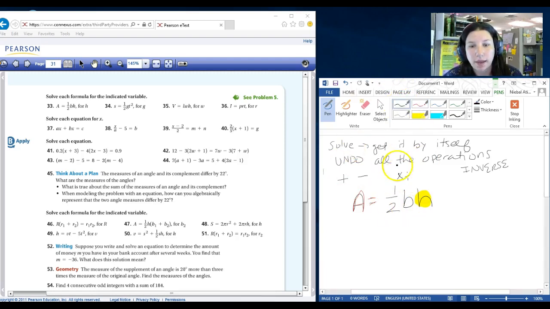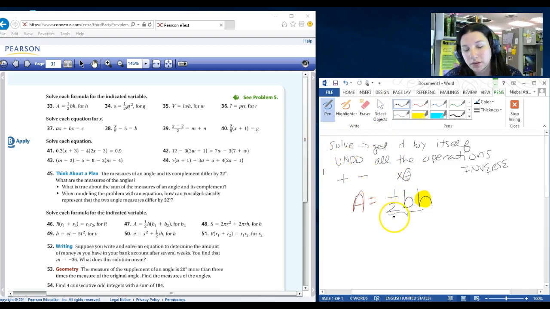So let's look at this. What's happening to the H? Well, we have 1/2 base height. This operation is multiplication. So right now, 1/2 base is being multiplied by the height. It's 1/2 times the base times the height. So to undo that, we divide.